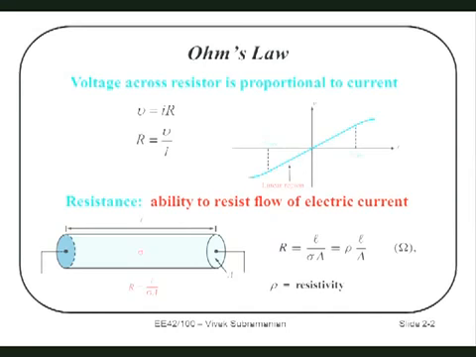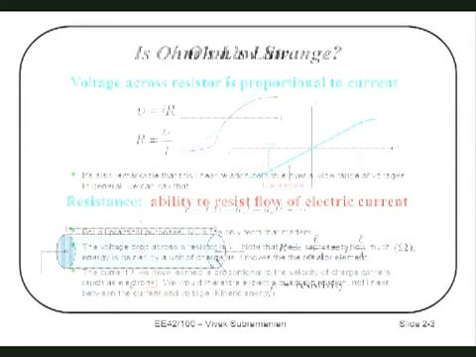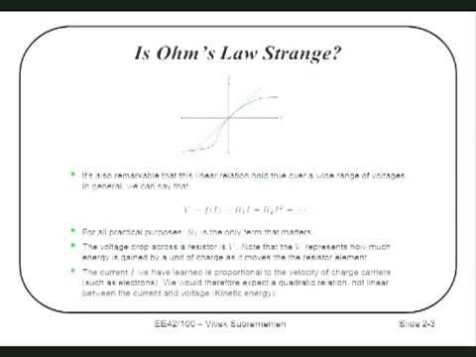In this class, we're going to assume that it applies across the board when we talk about resistors. But let's spend a minute thinking about why Ohm's law actually works. Okay? Think about what current is. We talked about this earlier. What does current depend on?